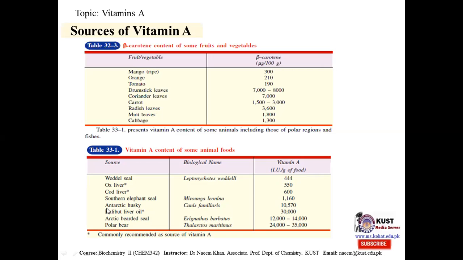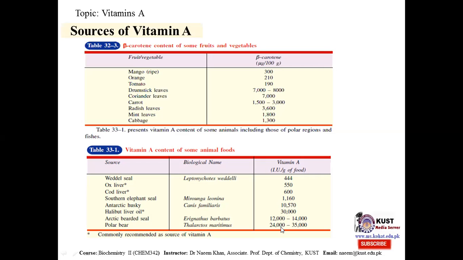Southern elephant seal. Similarly, other foods are available, but here these are the international food. For our food, the recommended is the cod liver oil, which contains a high concentration, and the recommended is up to 600.